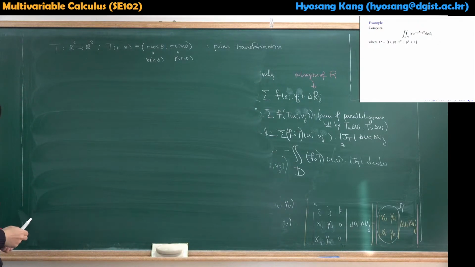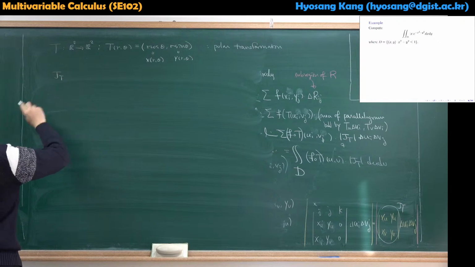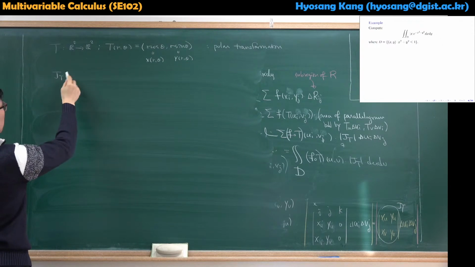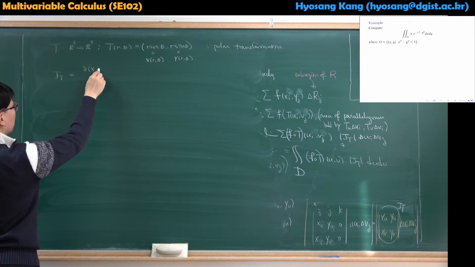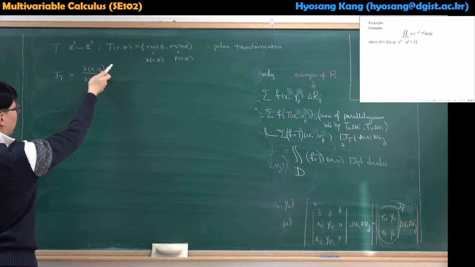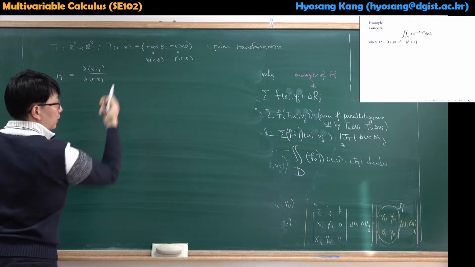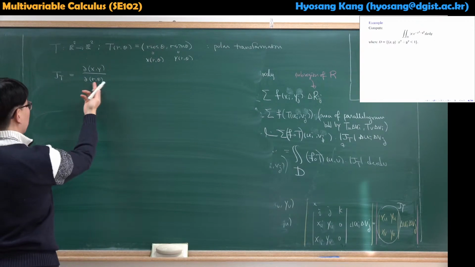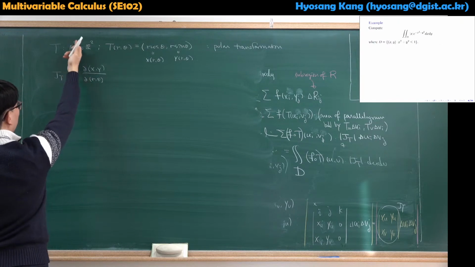So let's try to compute our Jacobian first. So JT. Here, this is x, y, and this is r, theta. So always the numerator must be the coordinates of the target domain, and the denominator must be the variable coordinates of the domain.